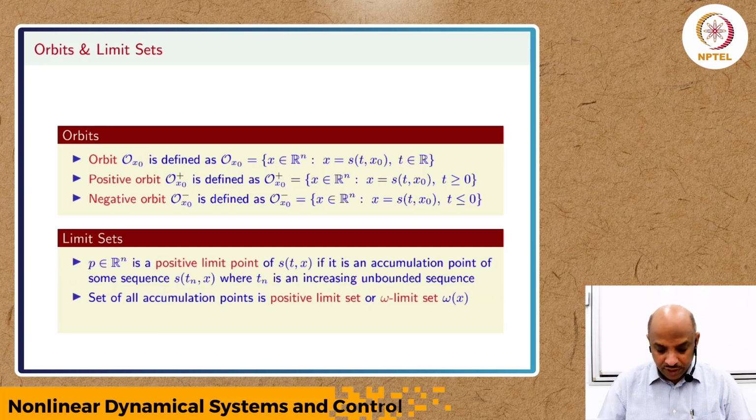It's also called the omega limit set. Omega is the last letter of the Greek alphabet, so that's how people started calling it the omega limit set, and the almost universal notation for this particular set is omega of x, where x denotes the initial condition, for this positive limit set, right?